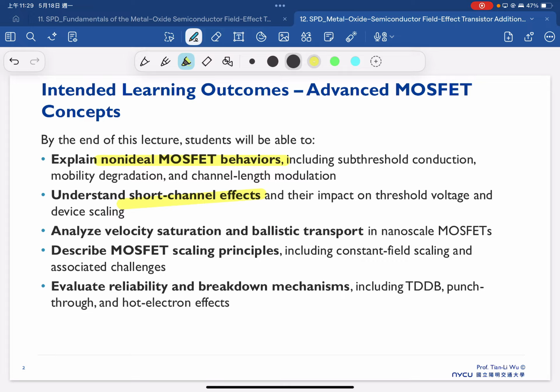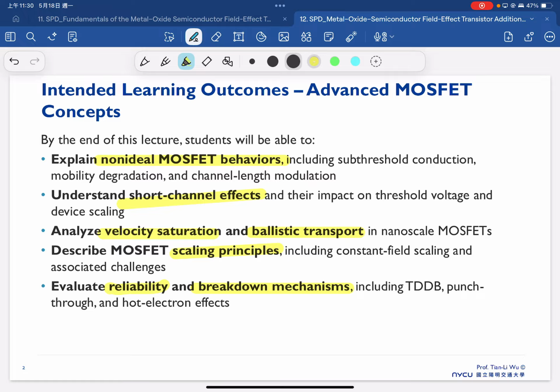There are also certain phenomena that we call velocity saturation and ballistic transport. We also need to understand the basic scaling principles, and in the end include some of the reliability and breakdown mechanisms. This is crucial for understanding the additional concepts for the MOSFET.